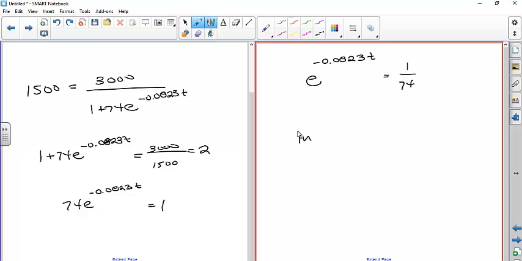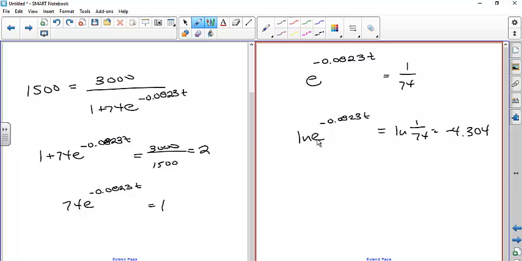And then you take the natural log. So natural log of 1 over 74. So what is that? Natural log 1/74. So we get negative 4.304.